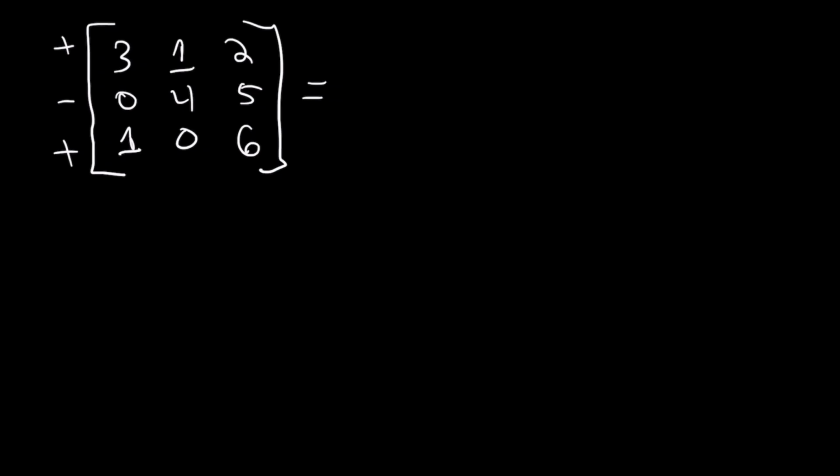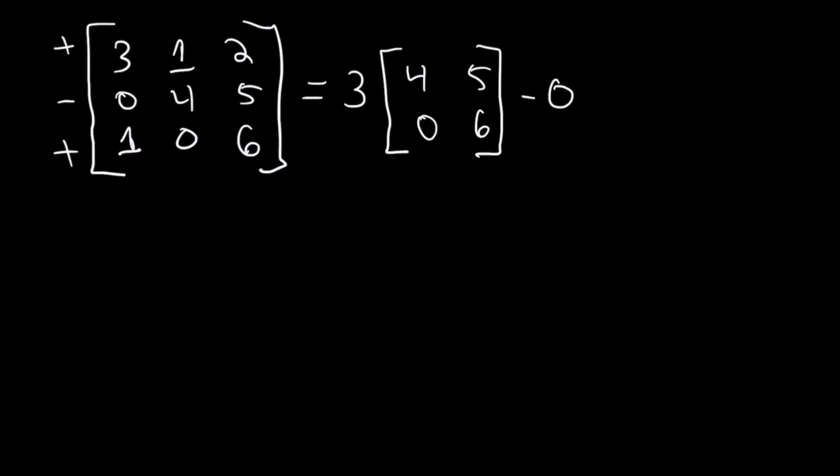An easy way to do it, since you see this 0, is to take this 3 and make a mini 2 by 2 matrix: 4, 5, 0, and 6. Then minus 0. Anytime you multiply a matrix by 0, it's obviously going to be 0.